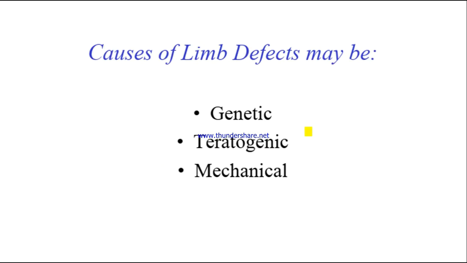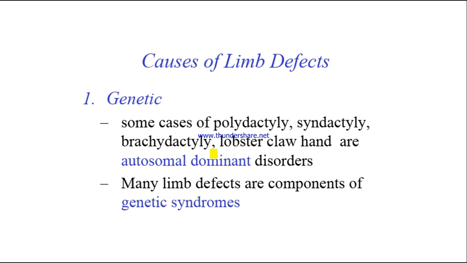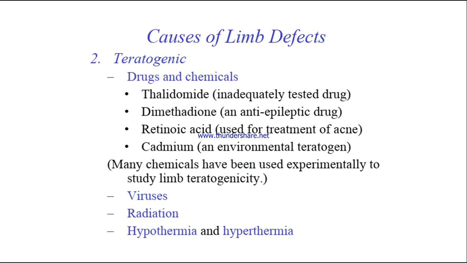Some of the causes of limb defects can be genetic, teratogenic and mechanical. For the genetic causes, polydactyly, syndactyly, brachydactyly and lobster claw hand are autosomal dominant disorders. Many limb defects are components of genetic syndromes.